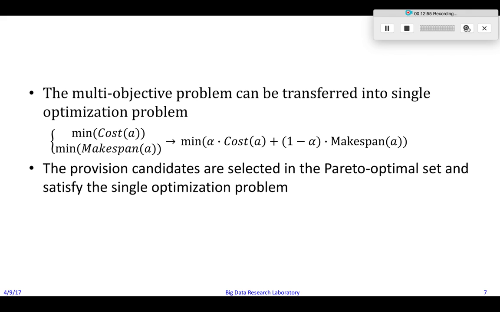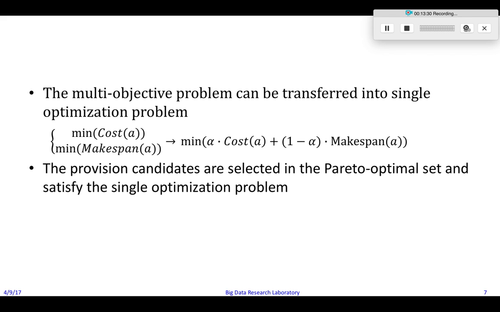The problem in this paper is to minimize two objectives. The first is to minimize the cost, and the other is to minimize the makespan of the application. Here, this multi-objective problem can be transferred into a single optimization problem by giving a weight to the different parts.